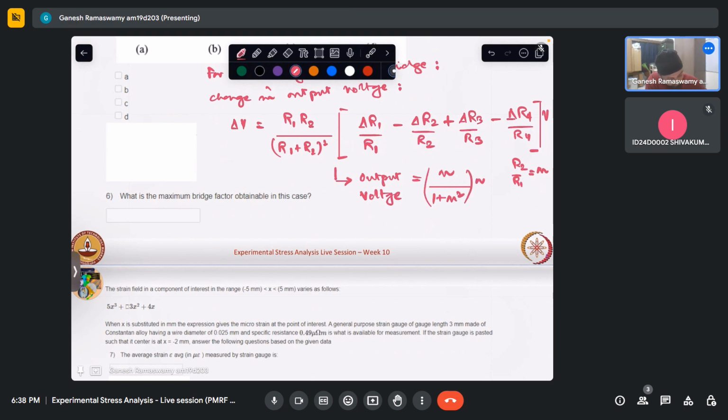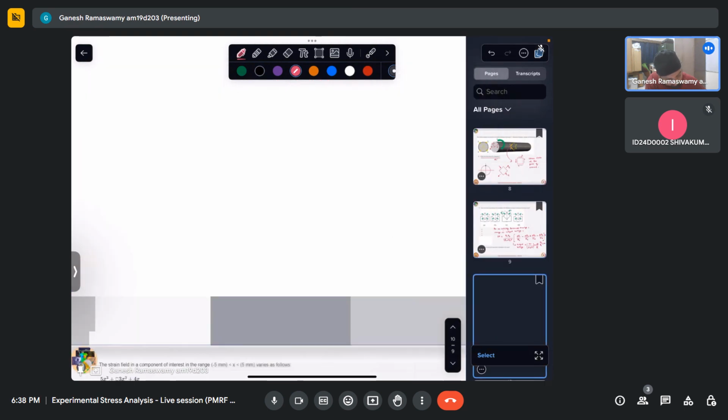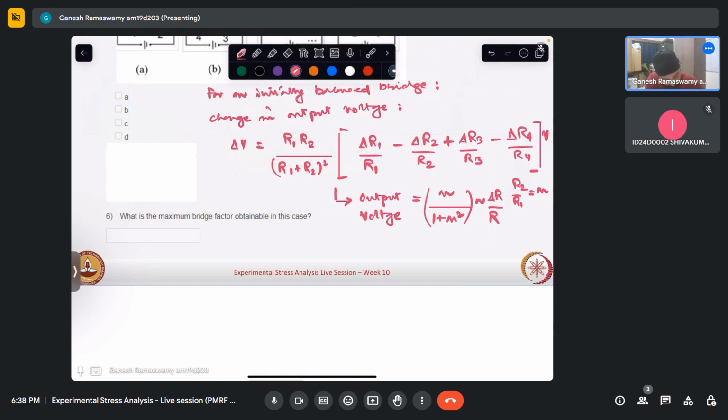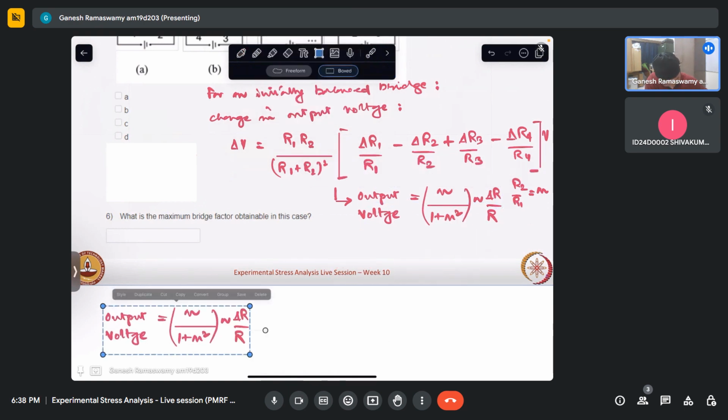So we'll take the same resistance and we have our change in resistance by the R. So this is the generic expression that we have here.